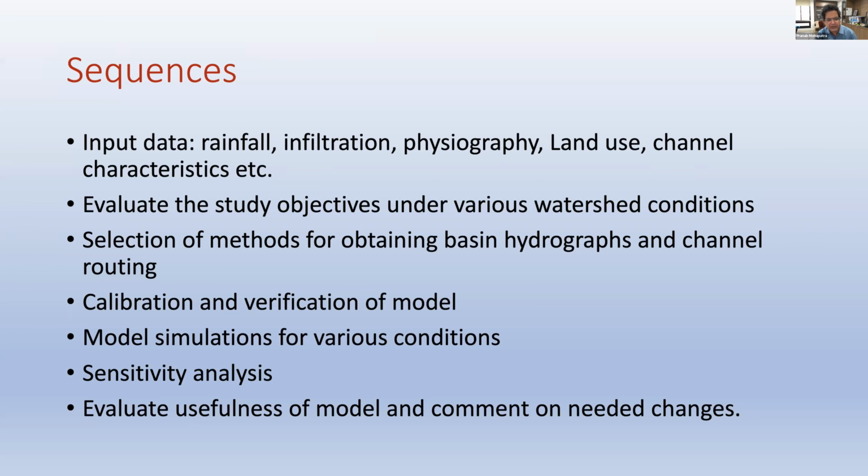So one must use different simulations. That way you can suggest to the authorities what they should do and what they should not do. This is also one way of doing a sensitivity analysis. And then of course, evaluate the usefulness of the model and comment on needed changes.